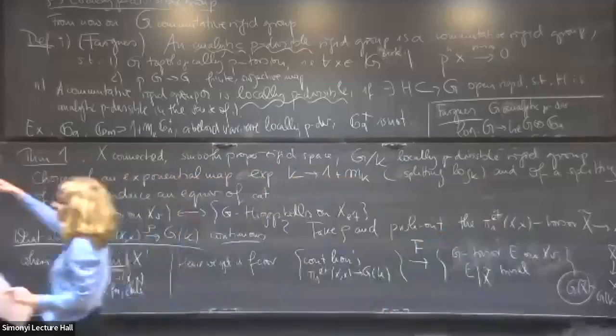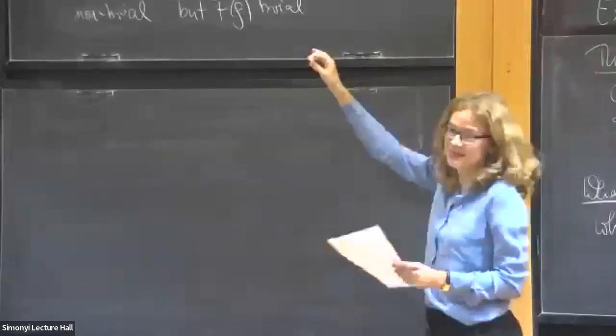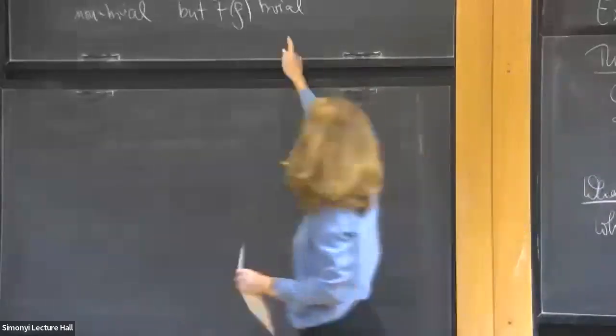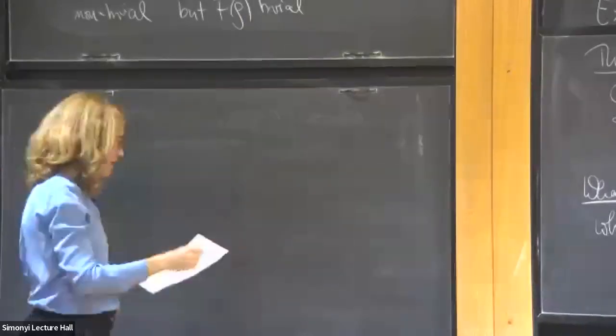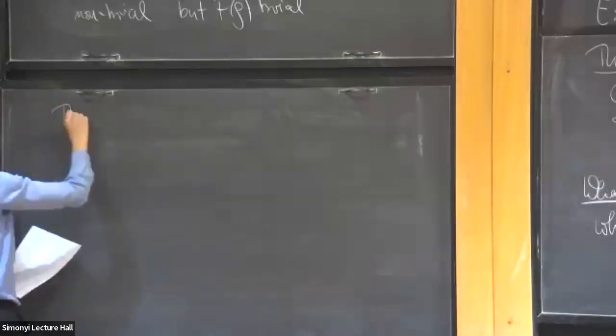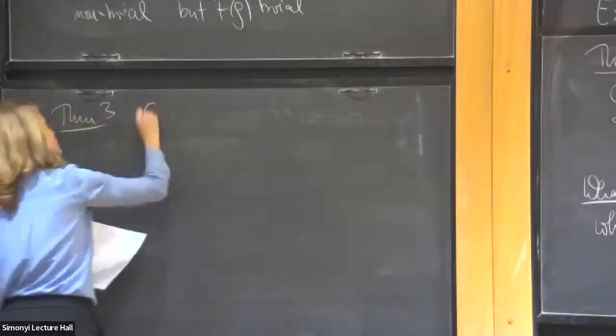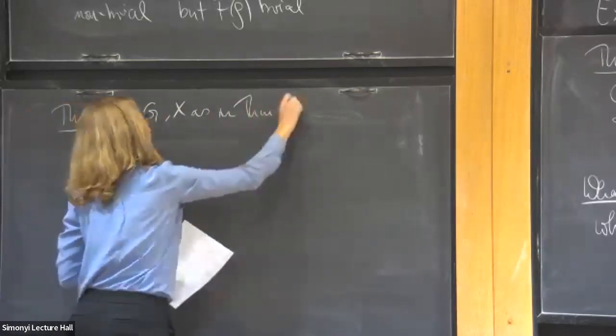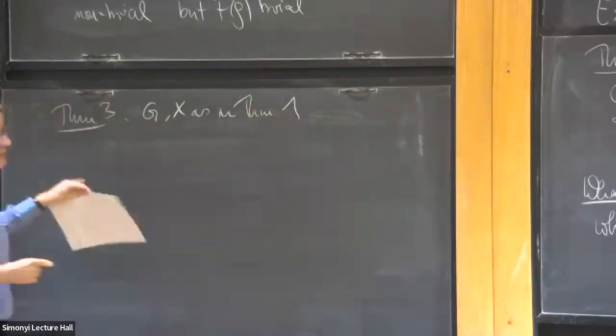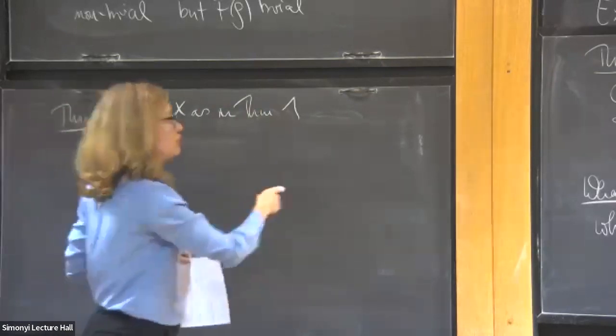Then funny maps between A tilde and G as they are here cannot appear, and then it works. So that's theorem 3. G and X as in theorem 1. So X is any proper smooth thing, G is this locally p-divisible rigid group.